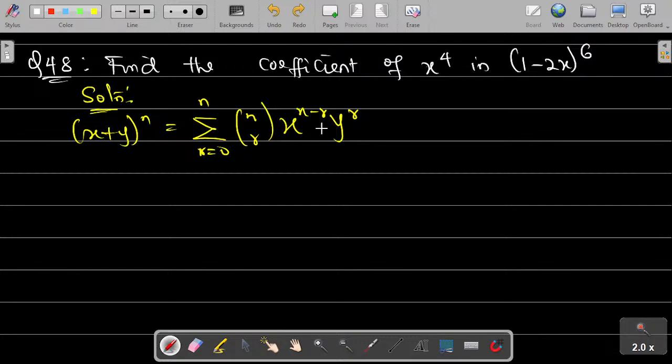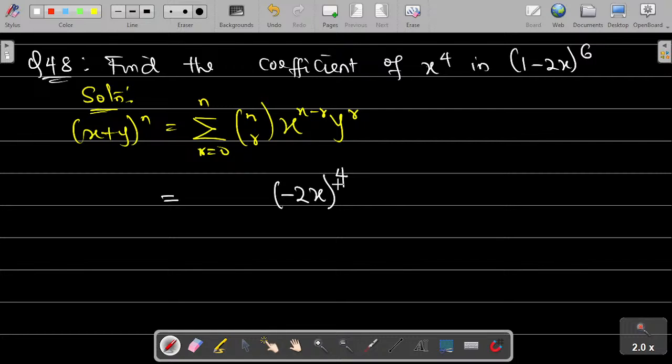Your n is always the upper part of your combination, and the lower part is always your r, which is always the power of the second term. So in other words, if we want to expand this to get x to the power of 4, that means I want the second term, which is minus 2x, to be to the power of 4.